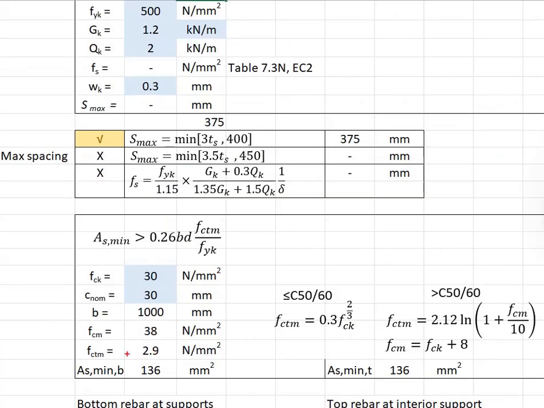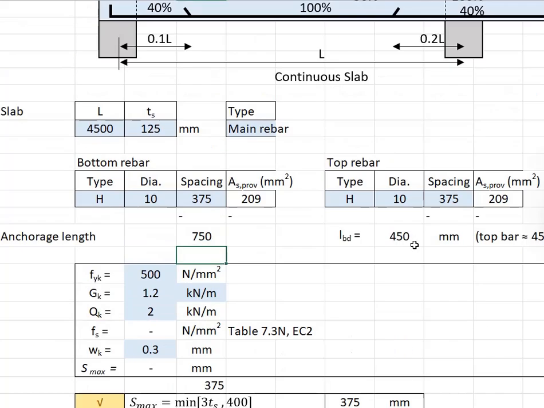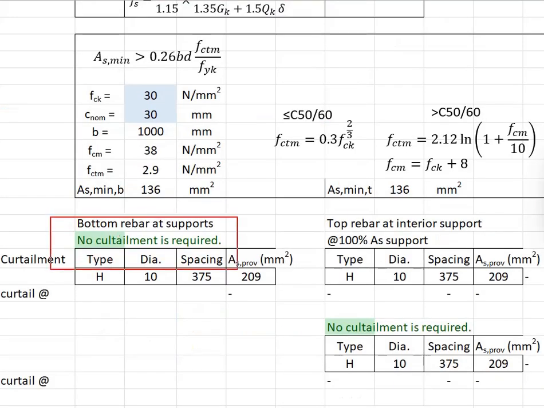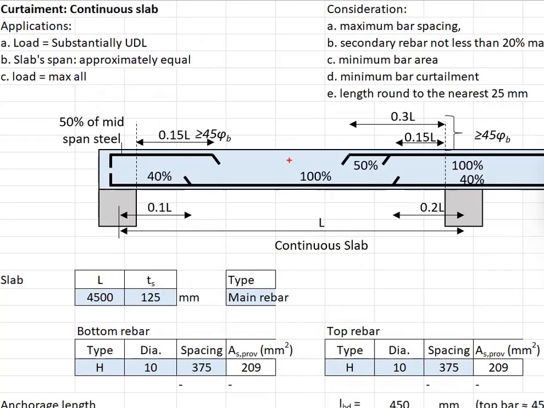But your minimum bar area will be 136. Both the maximum spacing and the As minimum do not allow for that. Therefore, no curtailments will be required for the bottom reinforcement bar at the support. That means you are providing H10-375 continuous up to the support without any curtailment.